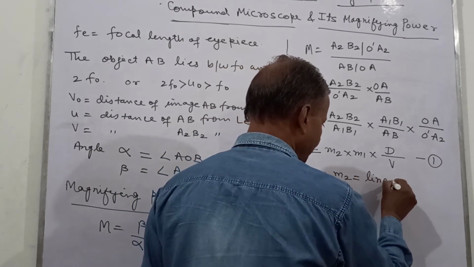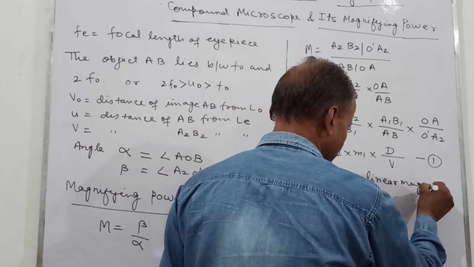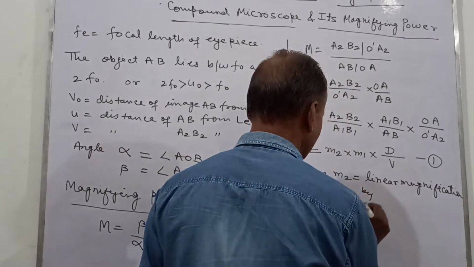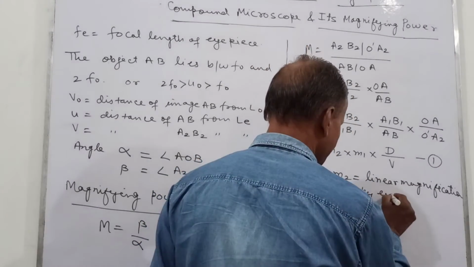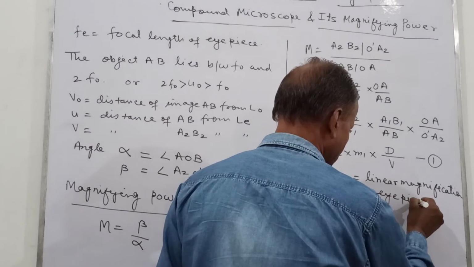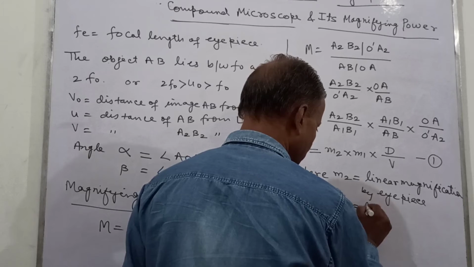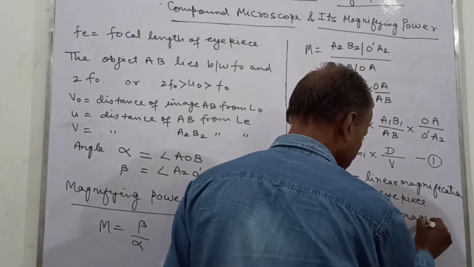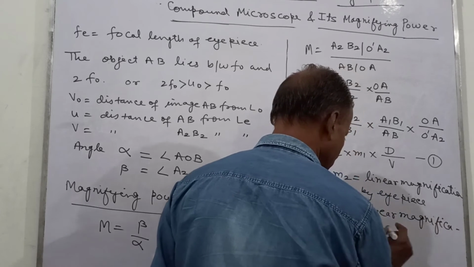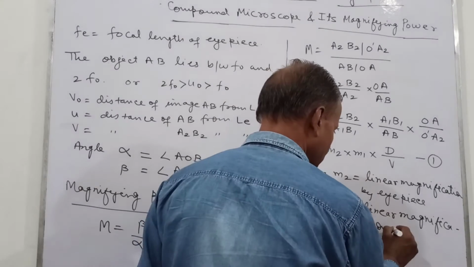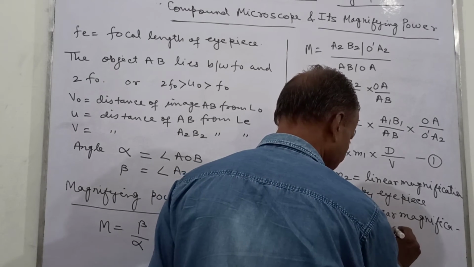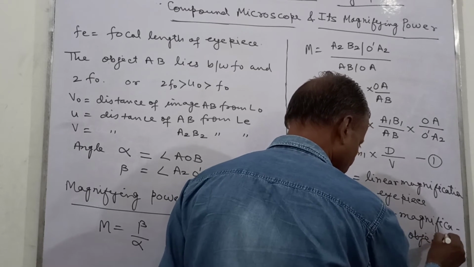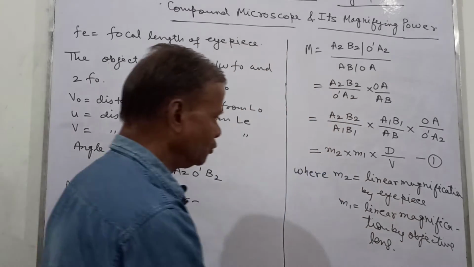M2 is the linear magnification by this eyepiece, and M1 is the linear magnification by the objective lens.